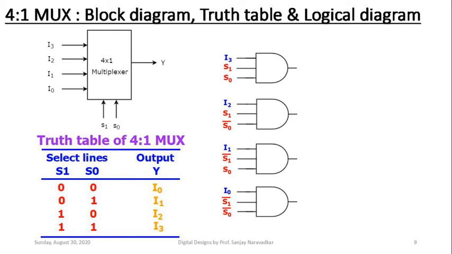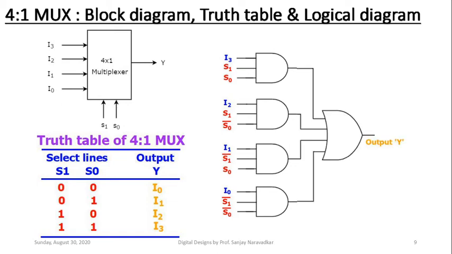The outputs of each of those AND gates are connected to the inputs of that 4 input OR gate here. And the output of that OR gate will be nothing but the output Y of the multiplexer. So this is regarding the 4 to 1 multiplexer design.